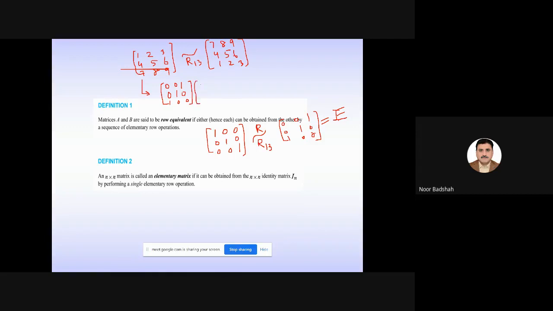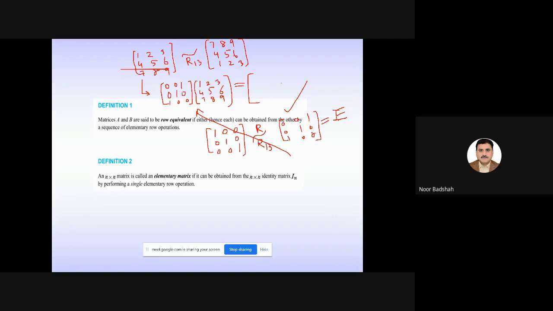You multiply this matrix with the given matrix 1, 2, 3, 4, 5, 6, 7, 8, 9. You see, this is the elementary matrix which was obtained by interchanging the first and third rows of the identity matrix. And if you multiply this matrix with a given matrix, what would happen? The resulting matrix will be what? Automatically the two rows will be interchanged.